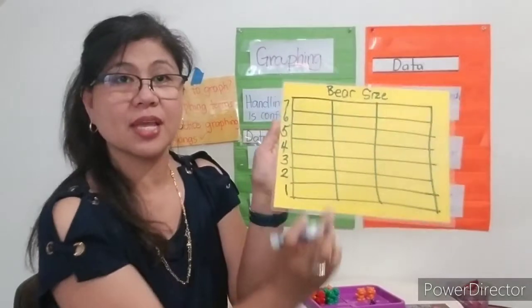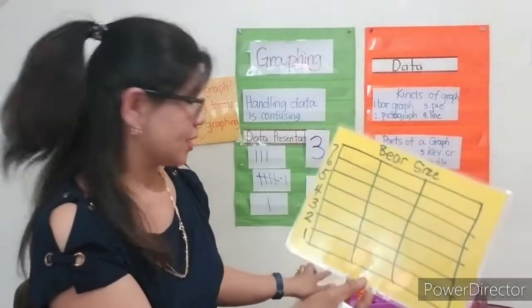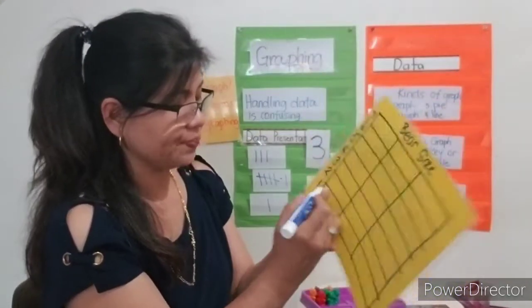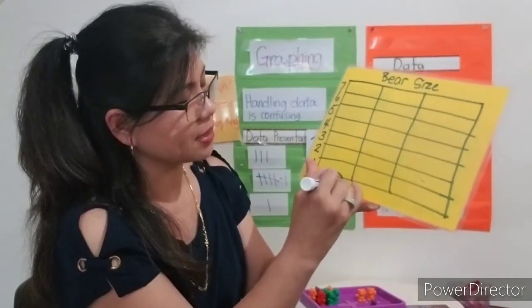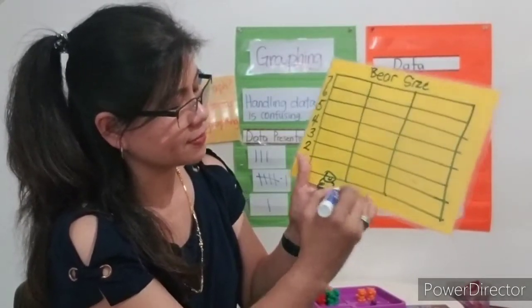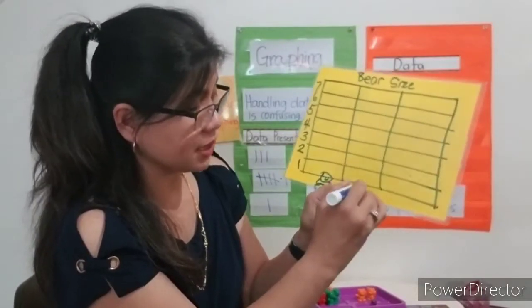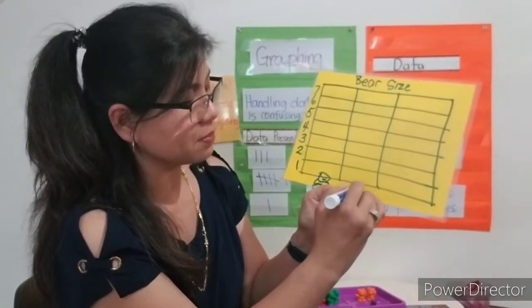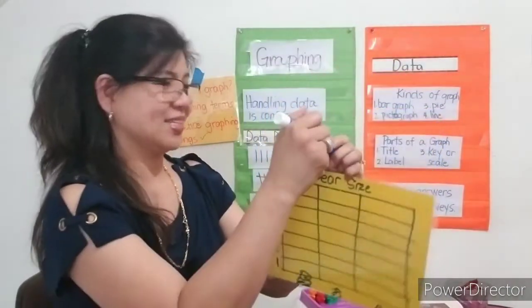I have up to 7 boxes here. And what should be our key? I sorted my bears by size, so I'll put the big bears here. I'm sorry, I can't make it really big, I don't have enough space. So all the big bears in this column, the medium bears here, and the smallest bear here. Pardon my drawing, I'm just in a hurry.